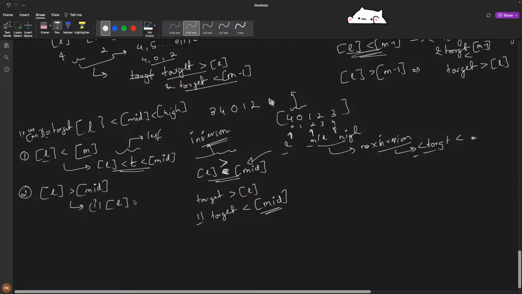If target is greater than lower, or mid is greater than target, if any of these is true, then we go left again.